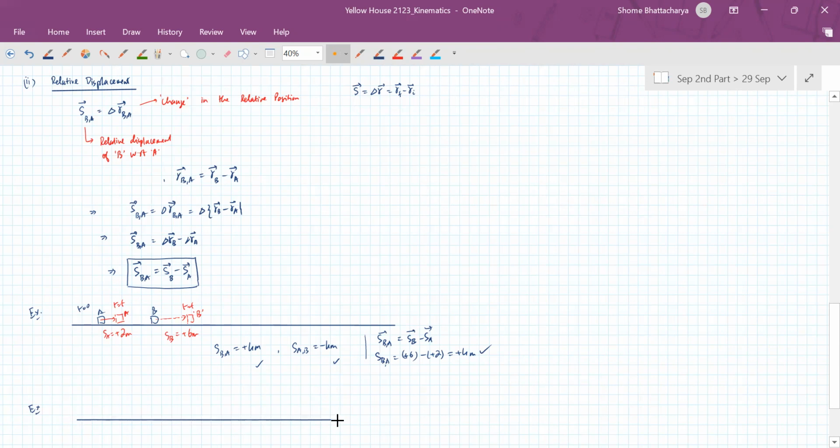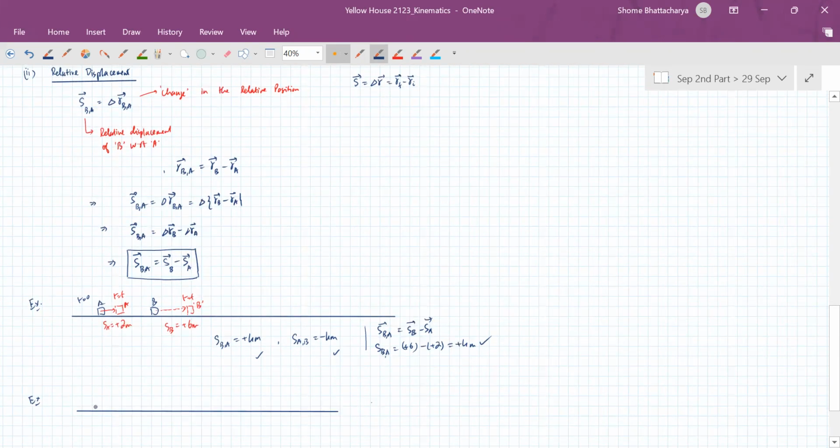Initially A and B are like this at time t equal to 0, and then after some time A reaches here, having made a displacement of plus 2 meters, but this is at time t, whereas B displaces itself like this.